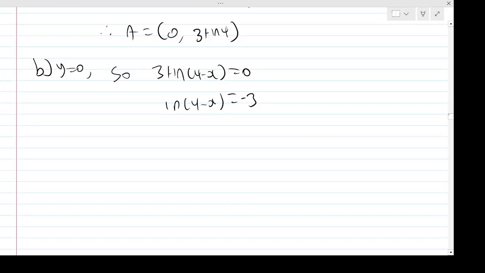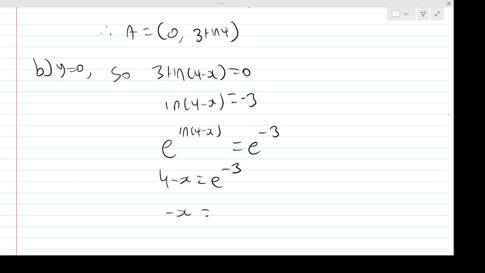So we can proceed, and we're going to take exponentials to both sides. So e in particular, e to the ln(4 minus x) is e to the minus 3. And then obviously the e and the ln cancel out, so then 4 minus x is simply e to the minus 3. So then minus x, if we subtract 4, that's e to the minus 3 minus 4.